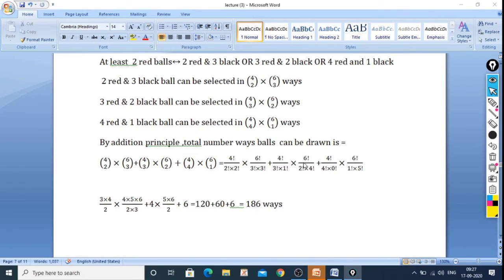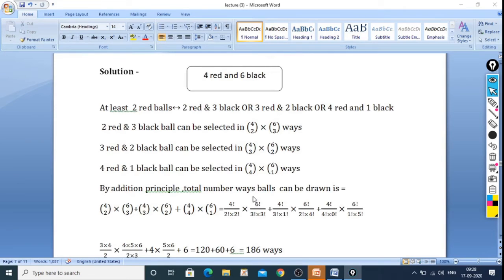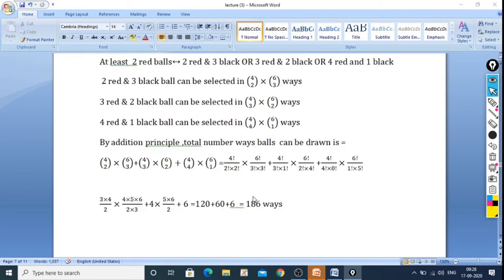So up to 4 factorial it will get cancelled, so remaining is 5 into 6 divided by this 2, so 5 into 6 divided by 2, plus this 4 factorial will get cancelled into this up to 6 factorial and 5 factorial. So 5 factorial will get cancelled, so remaining is 6. And now simplify it. So it is 186 ways that we can draw the 5 balls.